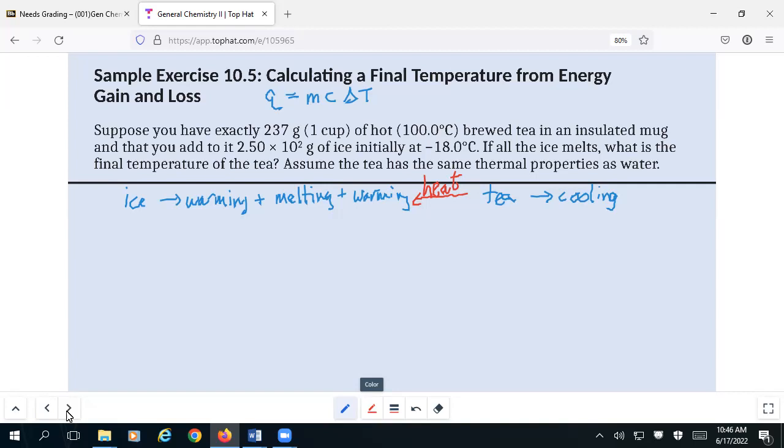All of the heat that goes from the tea to the ice should happen ideally, perfectly, 100% transfer. So with that being said, the heat loss experienced by the tea would have to be equal yet opposite of the heat gained by the ice as it goes through its transformations.